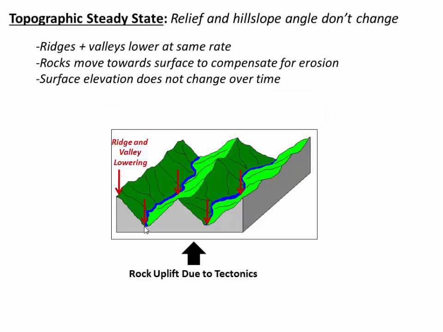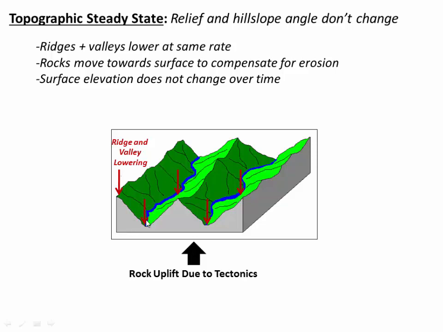This is a situation in which essentially the form of the landscape isn't changing. The rivers are fixed, the ridge line is fixed, the hill slopes are fixed. The shape of the topography is not changing, but erosion is in fact still happening, potentially at a very fast rate.